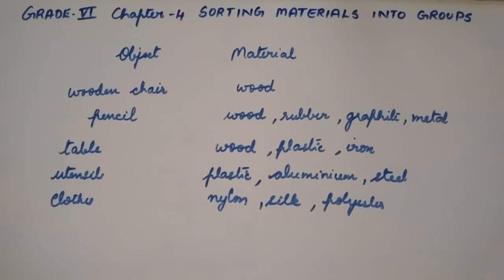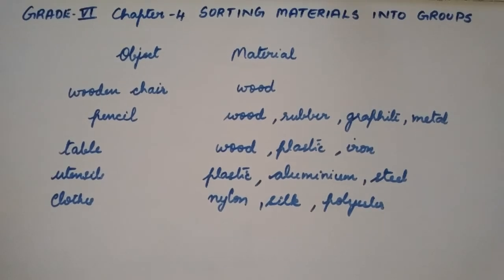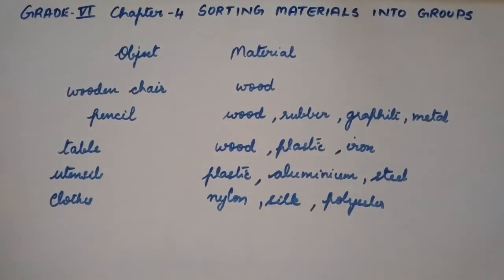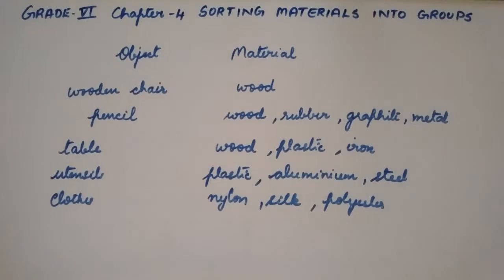Next, how do we decide that a particular material is suitable for making a particular type of object? Let me ask you a question. Why is a teacup made of plastic or clay and not of cloth? The answer is very simple.